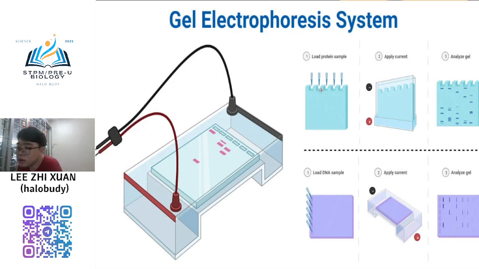So in your STPM, sorry, there is no experiment about this. You have no chance to do the experiment like that. But in university, you will be able to do it, especially if you go to genetics, biochemistry, biomedical or biotechnology, you will always see this stuff.